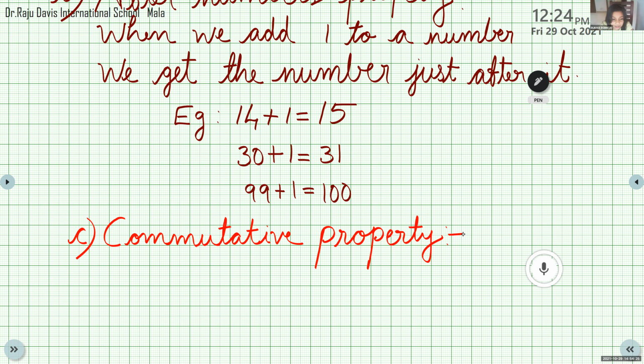Ma'am, yes, commutative. COMMUTATIVE. Thank you, ma'am. Commutative property. Double M is there.